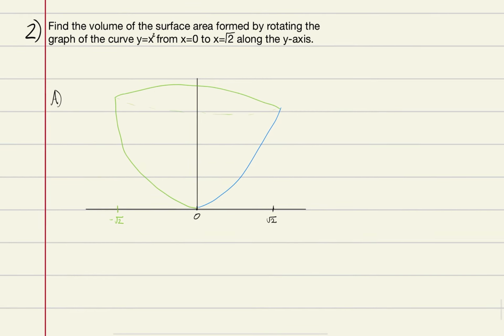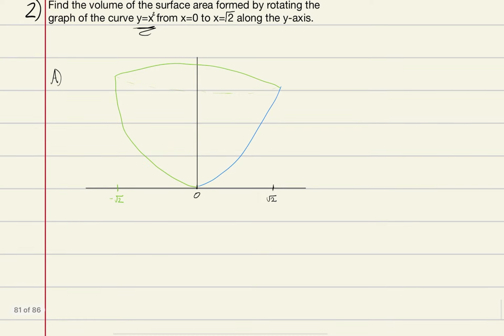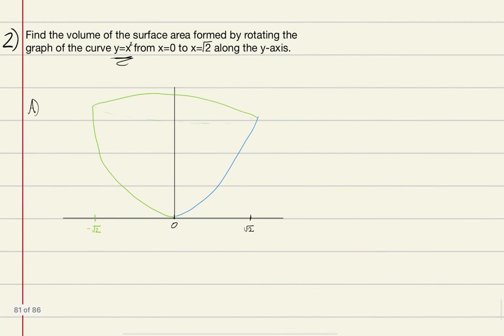Since we're rotating about the y-axis and trying to find the surface area, we need the equation y equals x squared in terms of y. So that is equal to x equals square root of y.